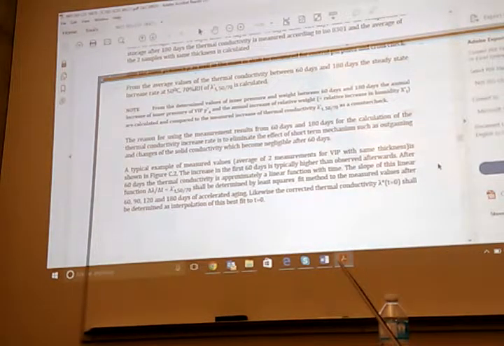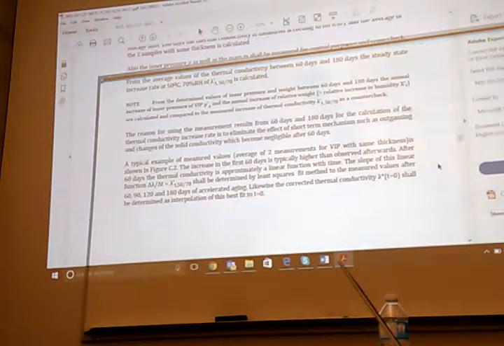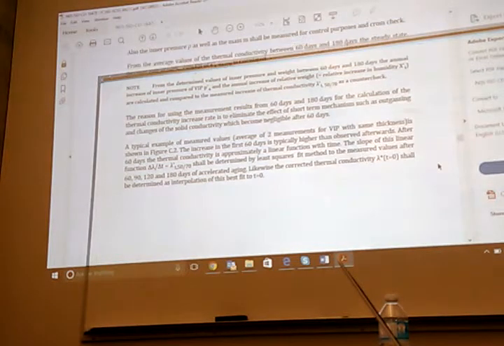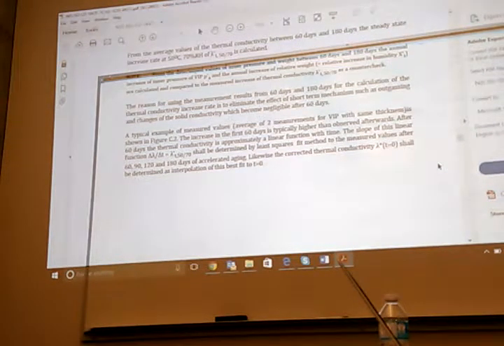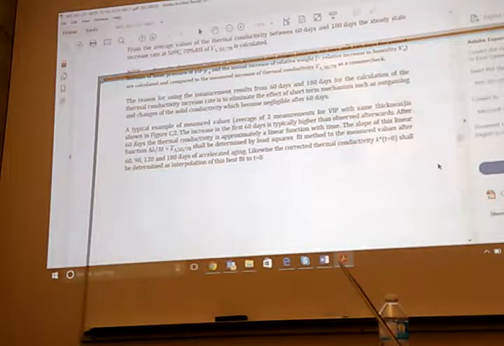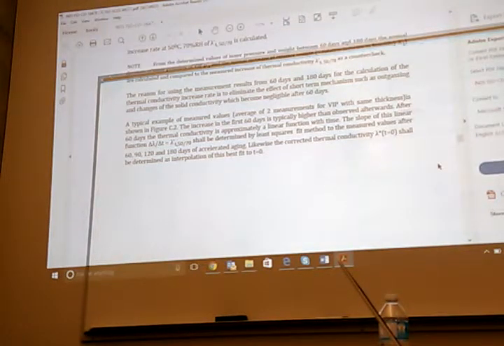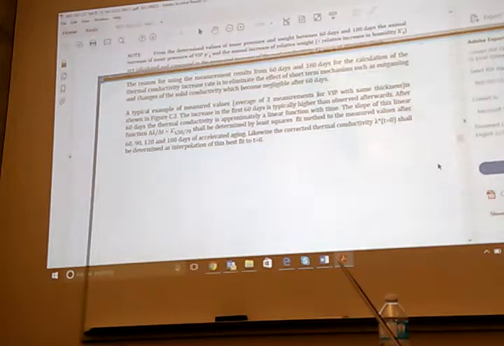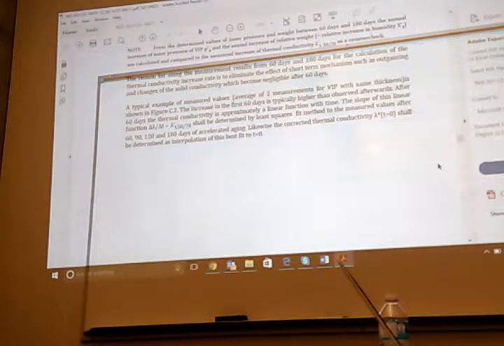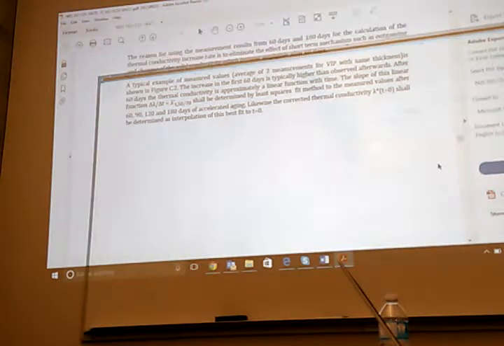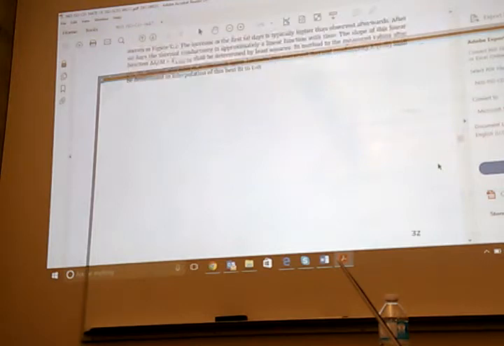In a typical example of measured values with some thickness, the increase in the first 60 days is typically higher than observed afterwards. After 60 days, the thermal conductivity is approximately a linear function of time. The slope of this linear function shall be determined by the least squares fit method using measured values from 60-90 days accelerated. Likewise, the corrected thermal conductivity shall be determined as interpolation to the best fit at t equal to 0.